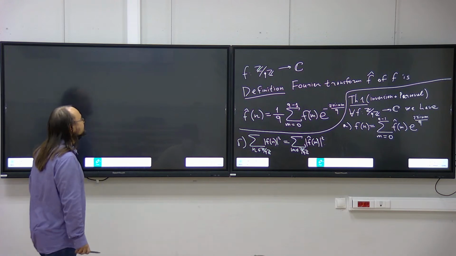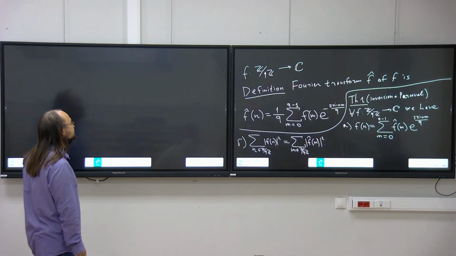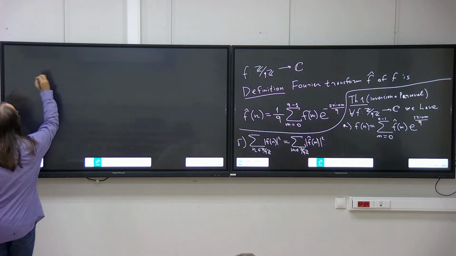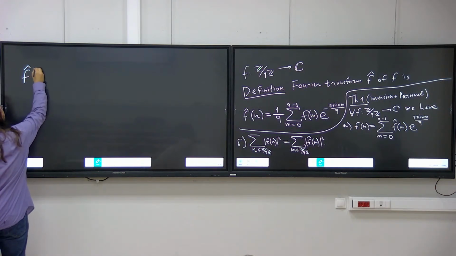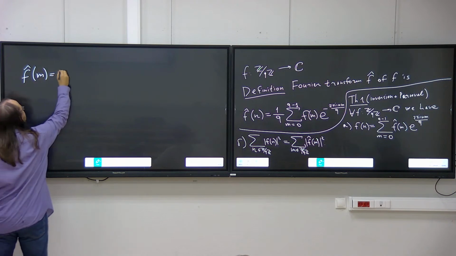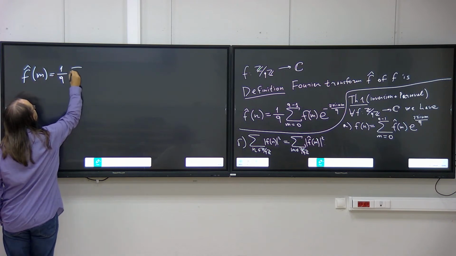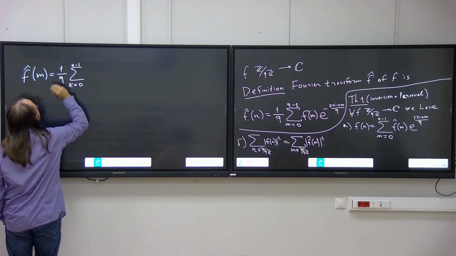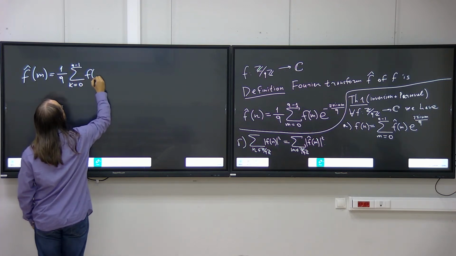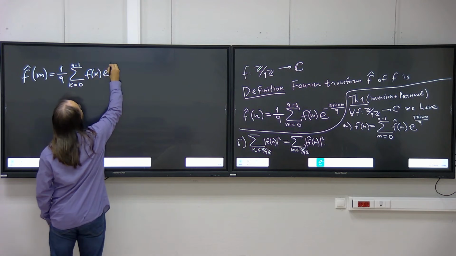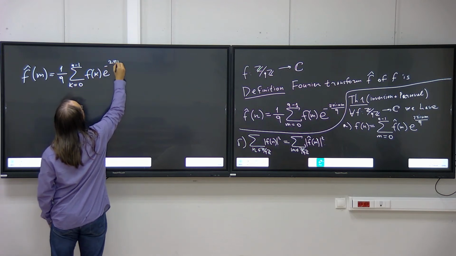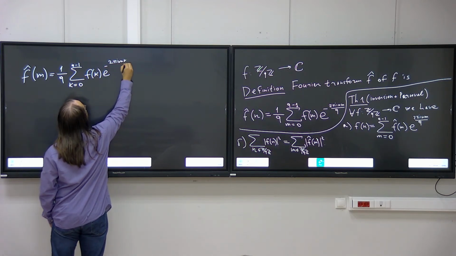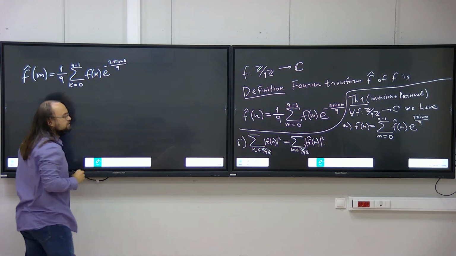So first let us prove the first formula. f hat of m is equal to 1 over q, sum over all k from 0 to q minus 1, f of k, e to the power minus 2 pi i m k over q.